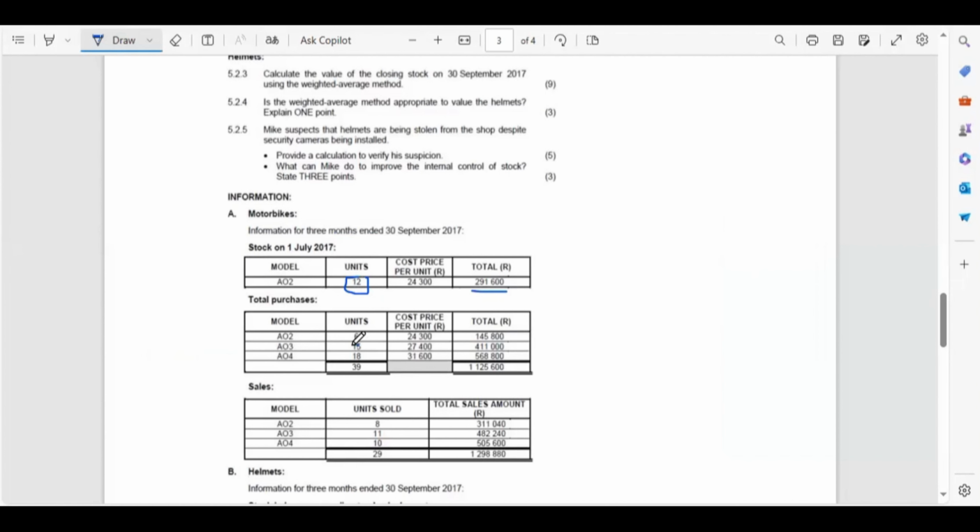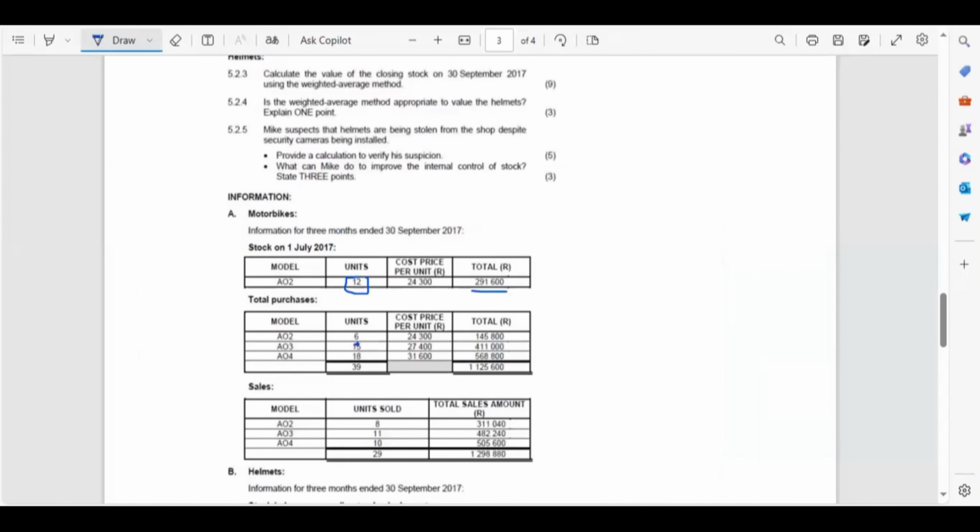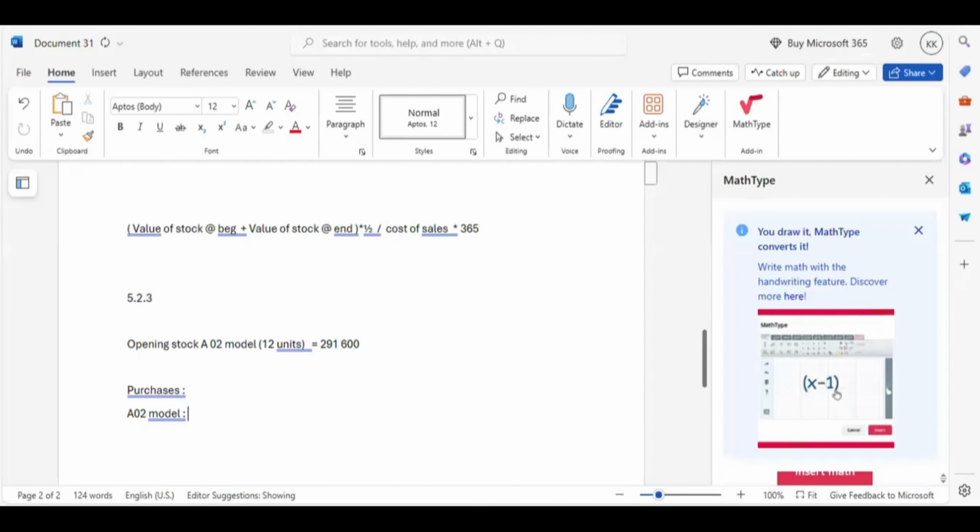I purchased an additional 6 units. So with regards to the A02, now I'm on my purchases. With regards to my purchases, for my A02 model, I purchased how many units? 6 new units.